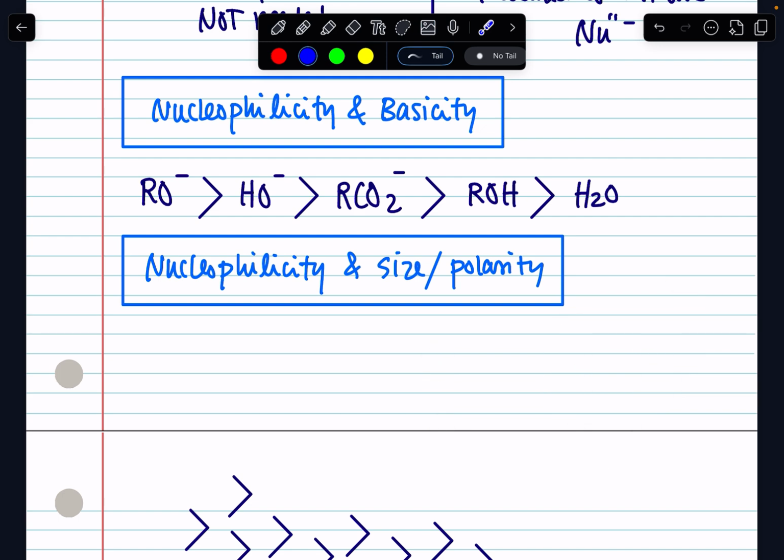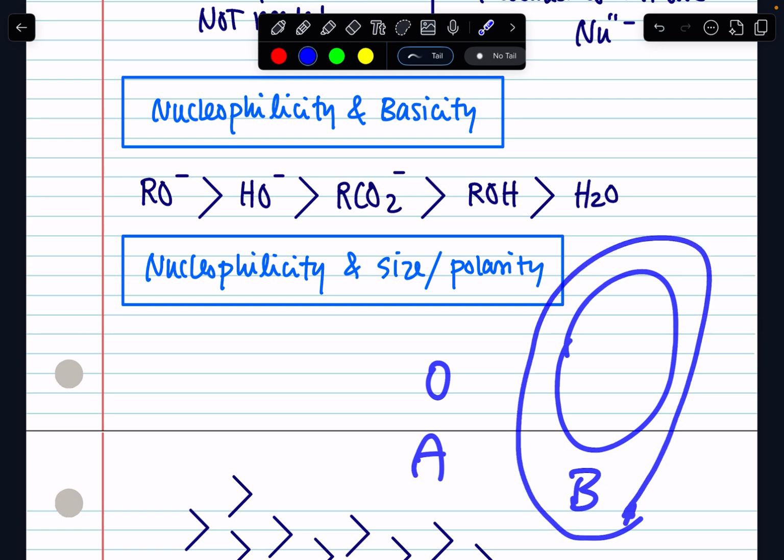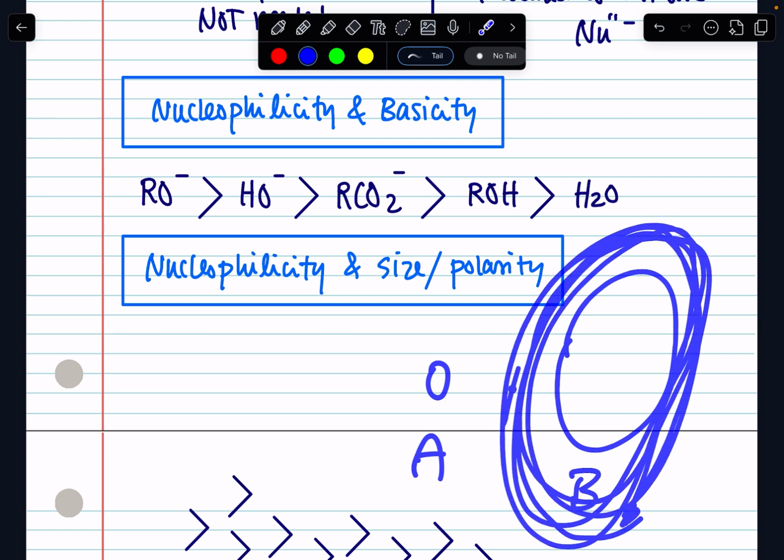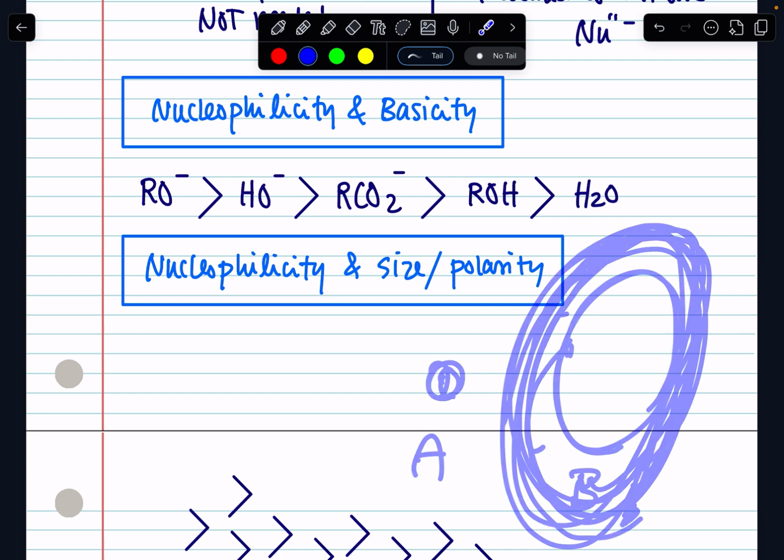We also said that if you're bigger, so let's say you are A versus B, that B is more polarizable. So we talked about that as well. Which means that if you have a bigger molecule, because of the size, you become polar easier. Okay, so polarizability, or the ability to become polar, is directly proportional to the size. Smaller molecules cannot be polarized easily. Large molecules can easily be polarized.